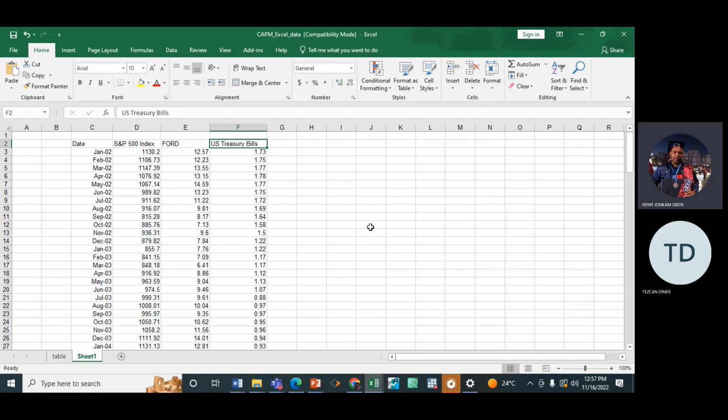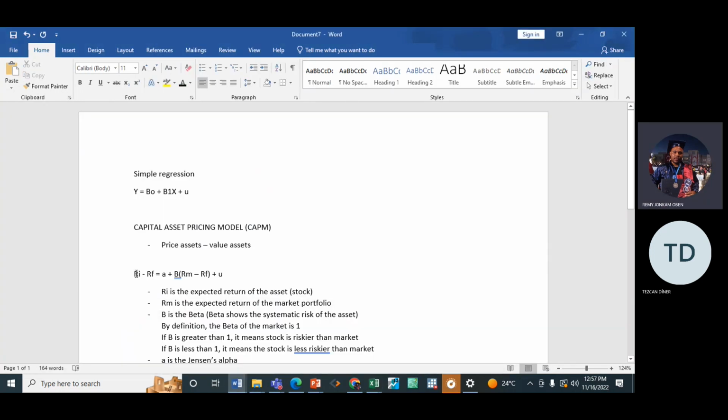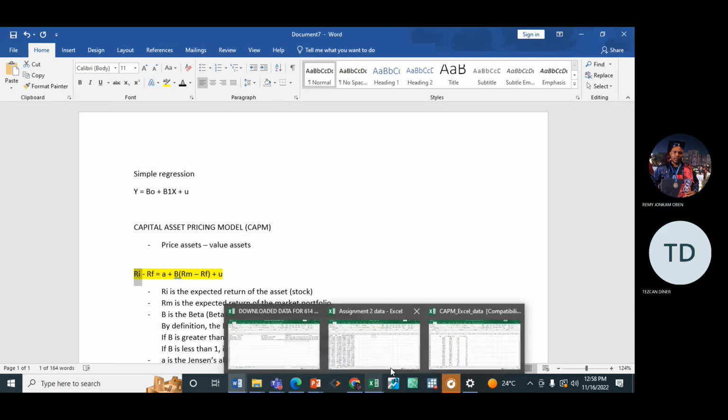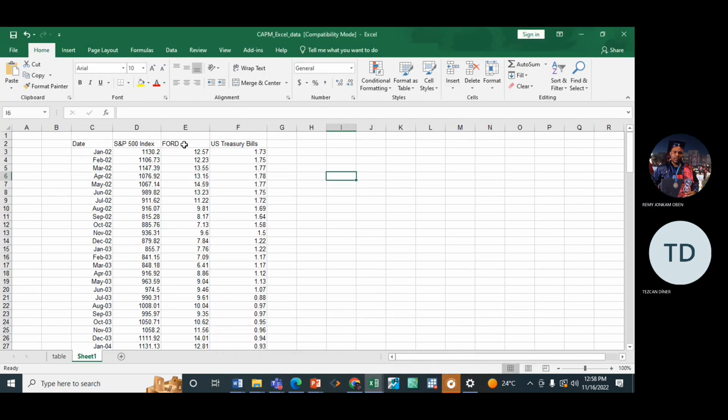So what I want to do is run this regression. Return of the stock, I'll get it from this fourth series, which is a stock. Actually we have prices, we'll convert all these prices to returns.